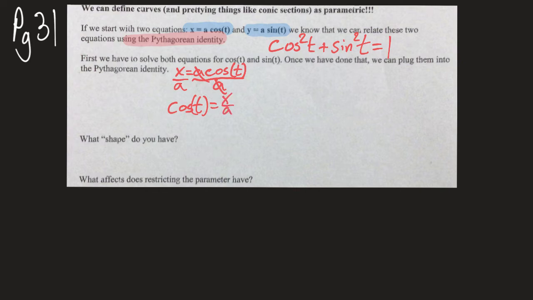And then we're going to do the same thing for our y's. We have y is equal to a sine of t. We'll divide both sides by a, and the a's cancel out on the right side, leaving us with sine of t is equal to y divided by a.